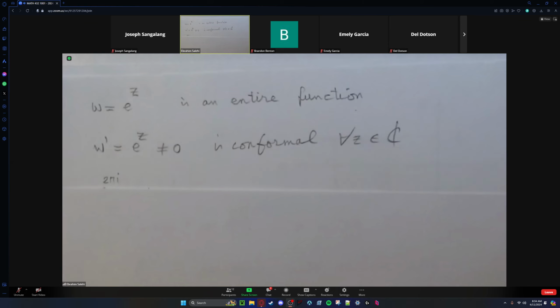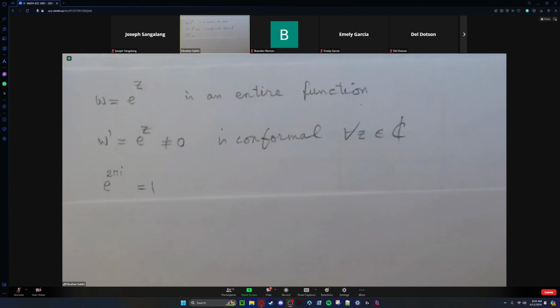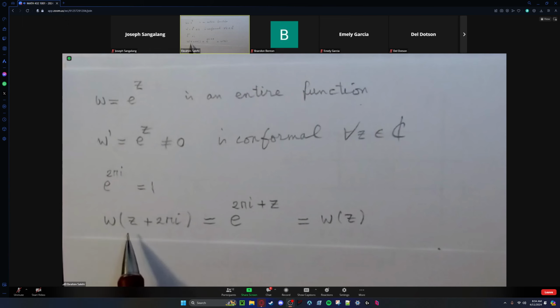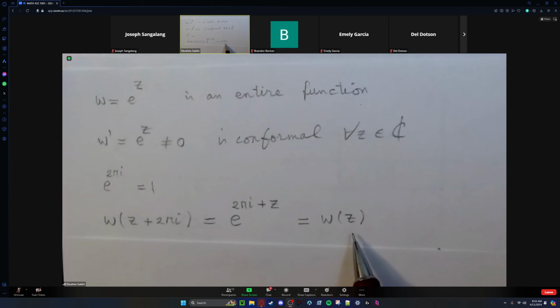Now, the function e to the z is periodic because e to the 2 pi i is 1. As a result, if we just plug in z plus 2 pi i, since e to the 2 pi i is 1, it's the same as e to the z.